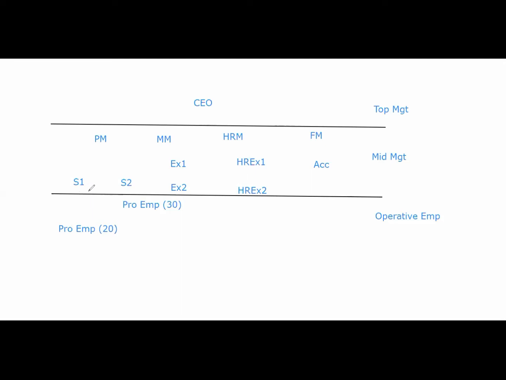Therefore, when we are deciding performance evaluation forms and procedure, it is better to decide them as two separate documents. The performance evaluation procedure should be separated from the performance evaluation form.